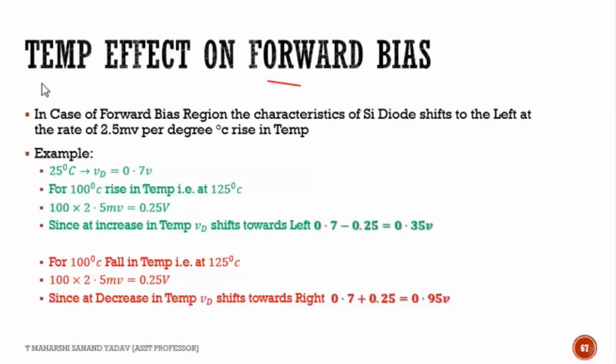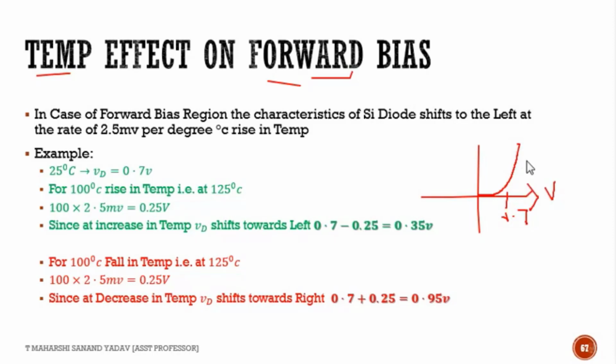Now in this lecture, we are going to see the effects if we try to increase the temperature on both the forward bias as well as reverse bias characteristics. What you have seen in the forward bias region, suppose it is for silicon, if you increase the voltage to 0.6 or 0.7, the current starts increasing, right?